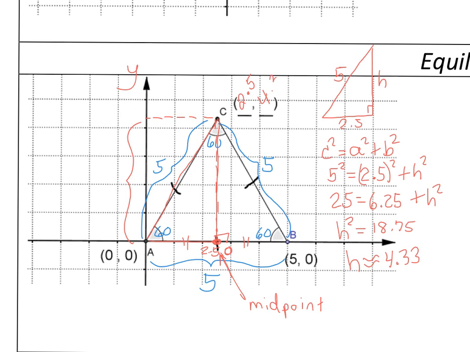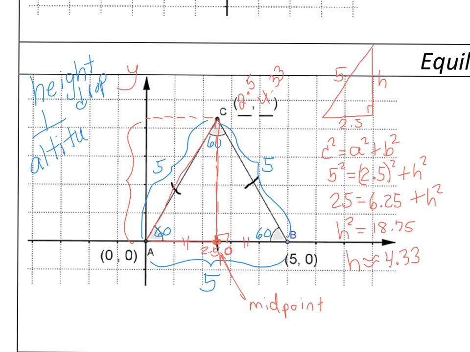So this is going to be roughly 4.33. The only other thing I wanted to mention, or have you write down if I didn't mention it, is that the height of a triangle, of course, we already know, is this perpendicular, straight down, perpendicular drop, let's call it. And the other word for that is called the altitude.